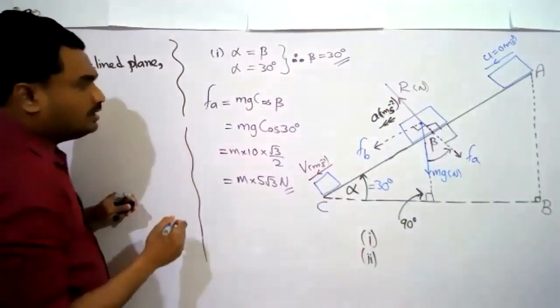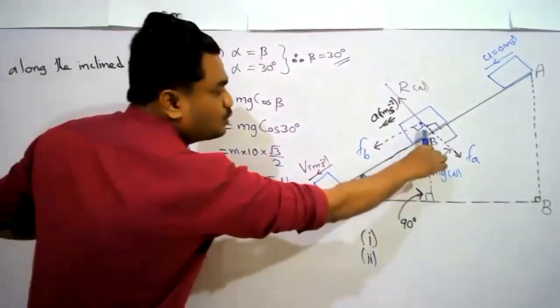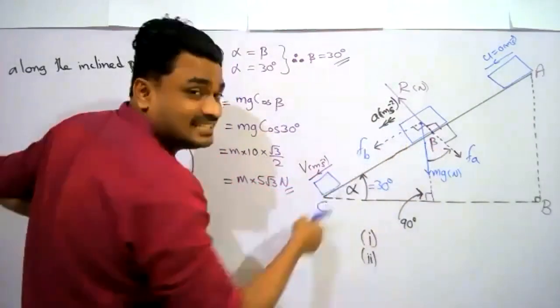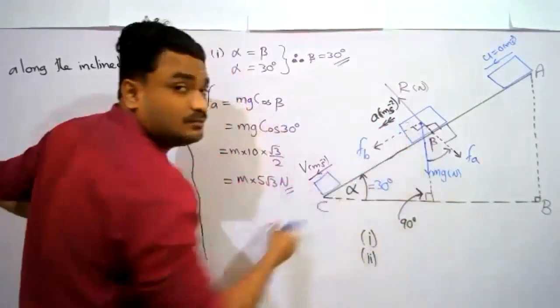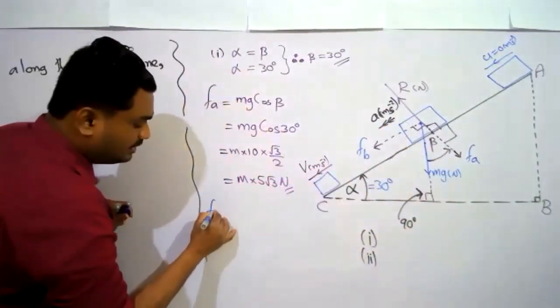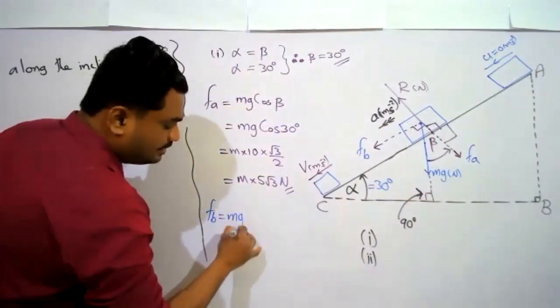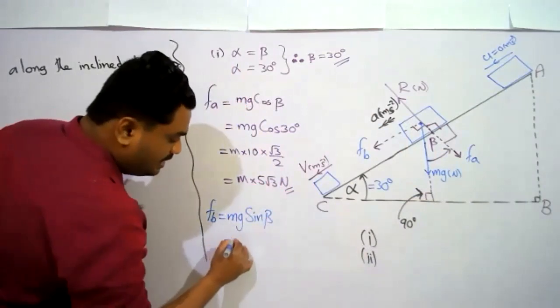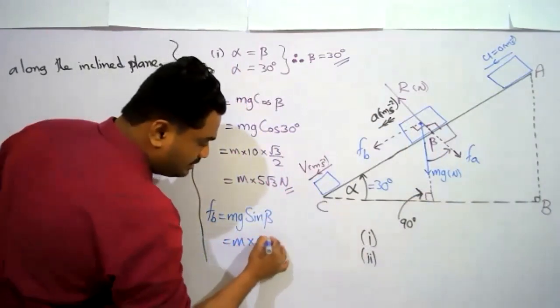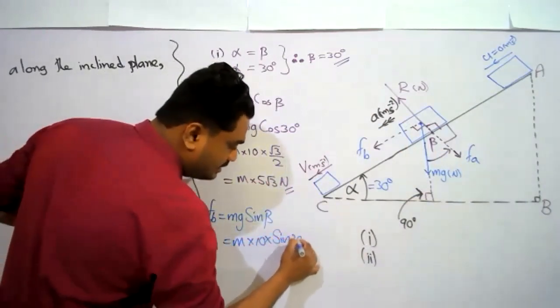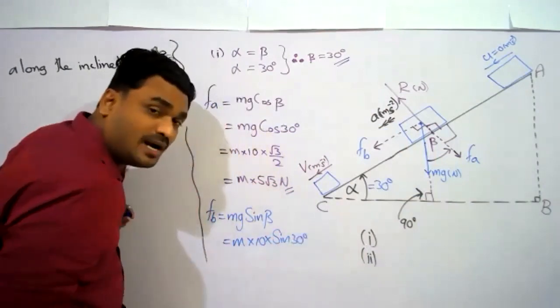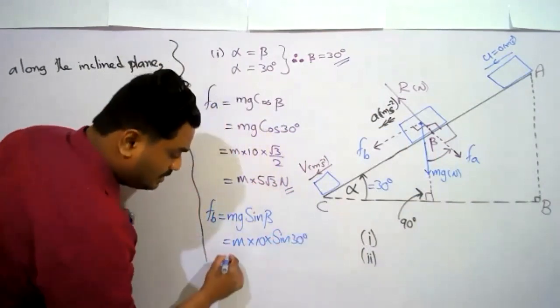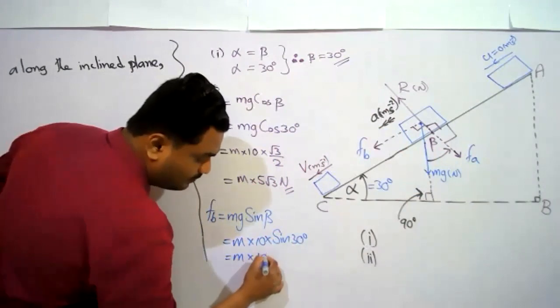Then FB, the force component away from the angle, is the sine component. Mg sine beta is the component away from the angle. So FB equals mg sine beta. M is m, g is 10, and beta is 30. Can somebody unmute the mic and tell me what sine 30 is? Half.